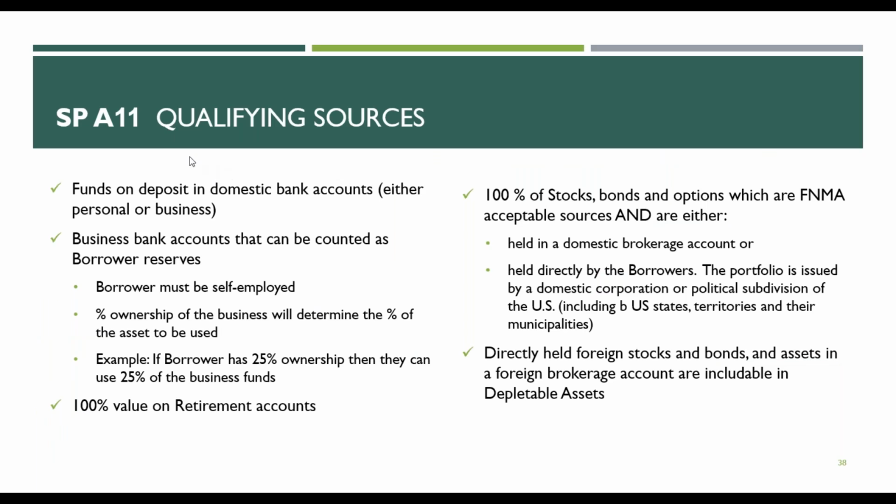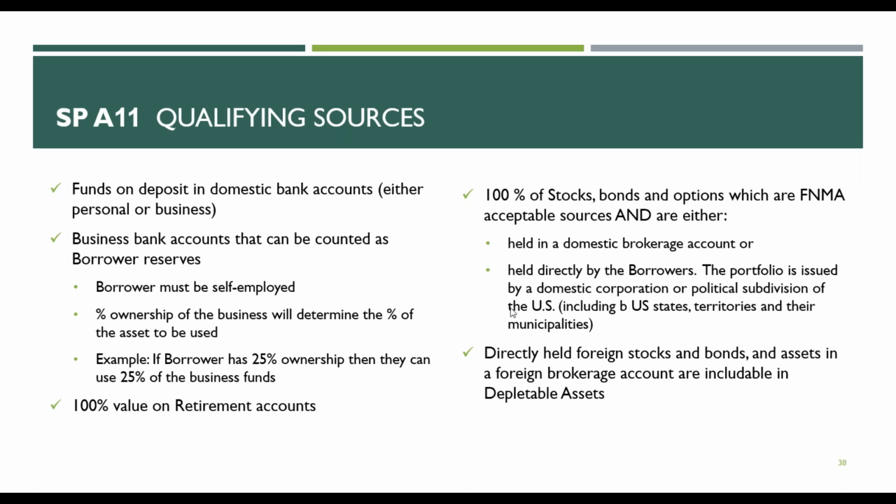What sources can you use to qualify? I mentioned funds on deposit in a bank. This also applies if you have a business account, you can use that, but we're going to ask for your percentage of ownership. Bank accounts can be counted as reserves. If your borrower is self-employed, there's your ownership. Once again, 100% value on a retirement account, 100% on stocks, bonds, options, as long as they're one of the Fannie Mae approved sources.